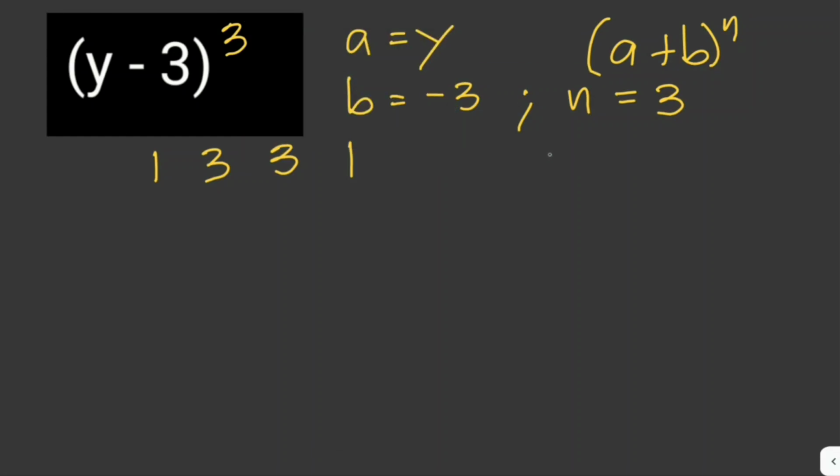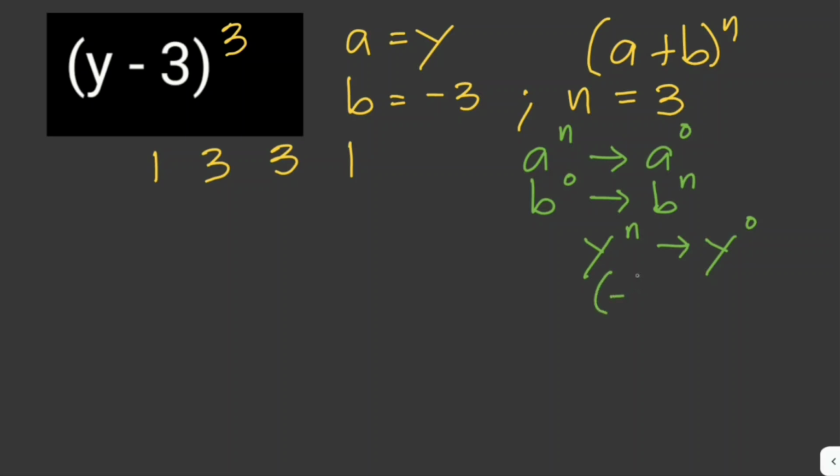Alright, so let's try expanding this. Take note that the exponent of a starts from n, then ends with 0, and then b starts from 0 and then goes to n. So since our a is equal to y, y would be raised to the power of n, then it ends with y to 0, and then our b is negative 3 raised to the power of, our n here is 3.